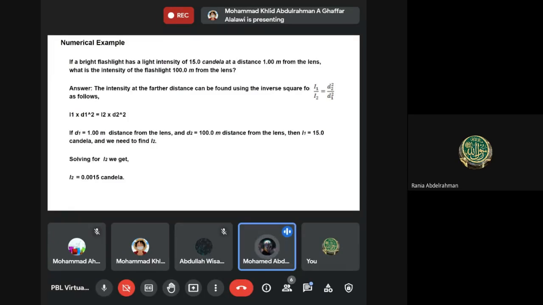We can use the formula I1 over I2 equals D2 squared over D1 squared. By looking at this formula, you can rearrange it to find another formula, which says that I1 times D1 squared equals I2 times D2 squared. Using this formula, we find that I2 equals 0.0015 candelas.